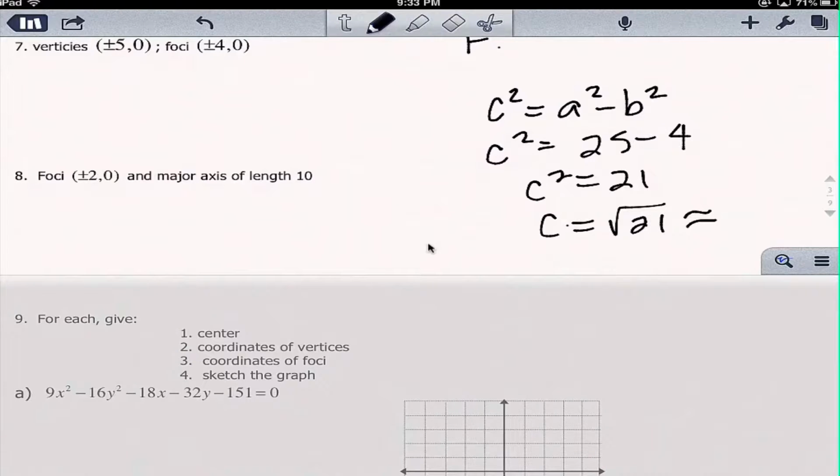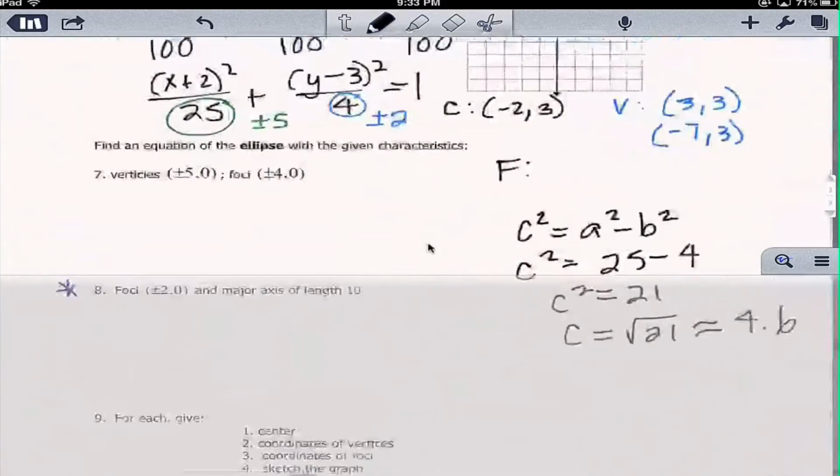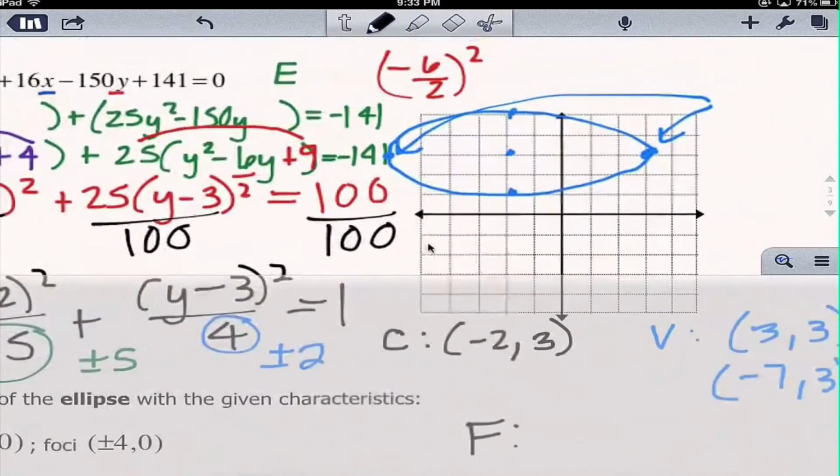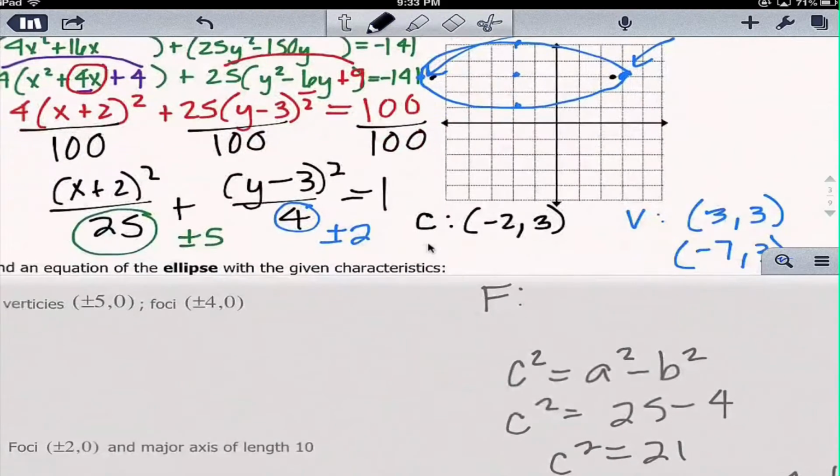As I'm waiting for this value, remember that the foci are always in the same direction as the major axis. Okay, so this ends up being like 4.6. So that means I'm moving 4.6 to the right and 4.6 to the left.